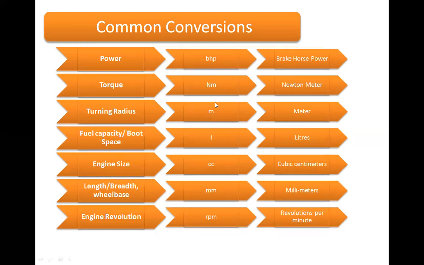These are the abbreviations and common conversions. Power is measured in bhp, brake horsepower. Torque, Newton meter. Turning radius, meter. Fuel capacity and boot space are in liters. Engine size is in cc, cubic centimeter.